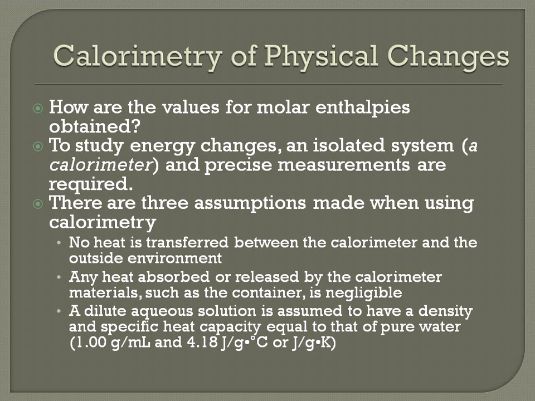Any heat absorbed or released by the calorimeter materials, such as a container, is negligible and really small, so we don't consider it. And a dilute aqueous solution is assumed to have a density and a specific heat capacity equal to that of pure water. So anytime we deal with solutions in our calorimeter, they are going to be very dilute so that we can use the specific heat capacity of water in our calculations.